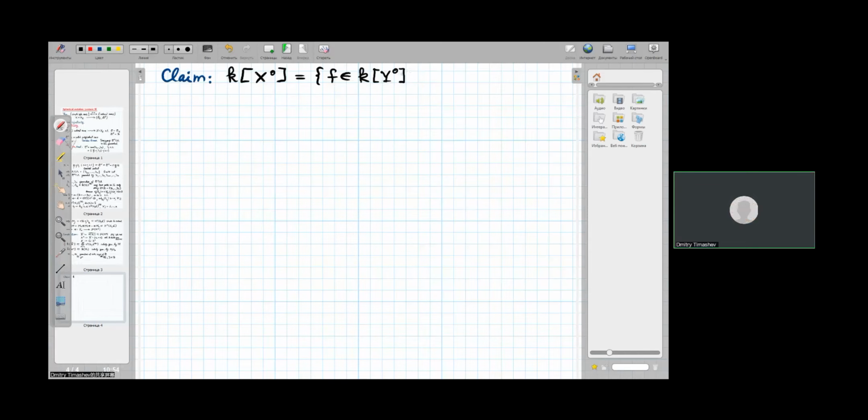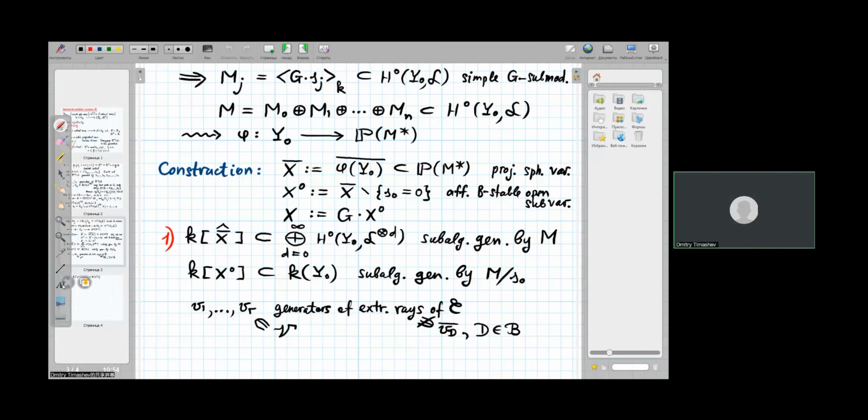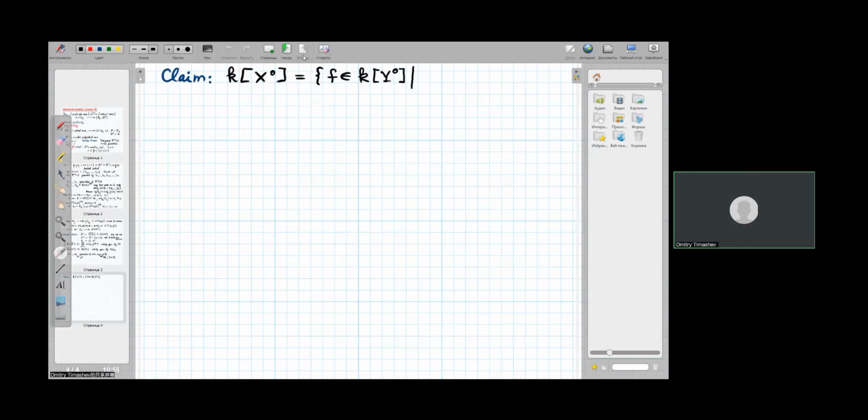Okay? So the coordinate algebra of X0 consists of all functions with B-stable poles, such that the valuations corresponding to the vectors v1, ..., vr, and all these vectors, take non-negative values on f.